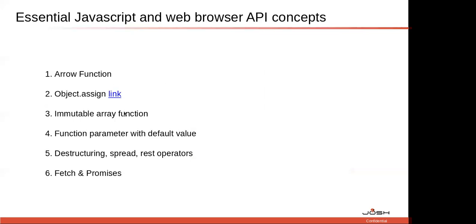Then we have some JavaScript concepts. You know arrow functions? Most of you have used them in the application. These are the things we are going to use in our Redux. Then we have Object.assign, where we can assign properties to a particular object.